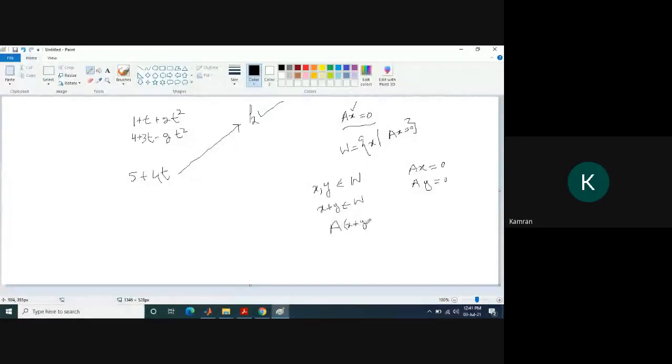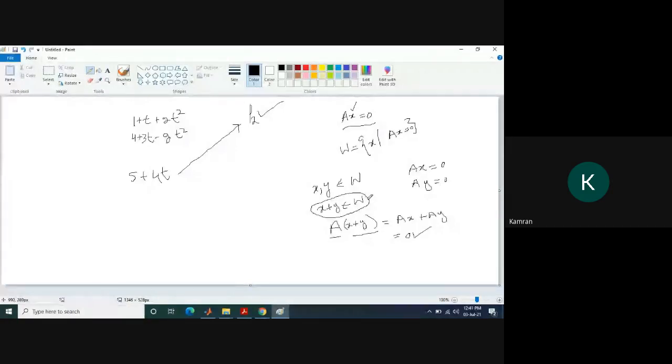So A into x plus y is equal to A into x plus A into y. Ax is equal to 0, also Ay is equal to 0. So 0 plus 0 is equal to 0. This means that x plus y belongs to W.